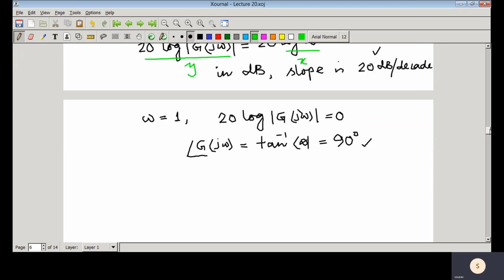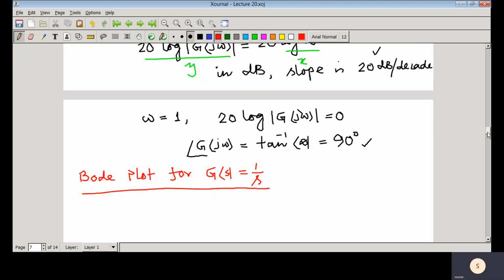Let us see what happens whenever we have the factor 1 by s. That is the asymptotic approximation of the gain and phase plot. Bode plot for G(s) equal to 1 by s.